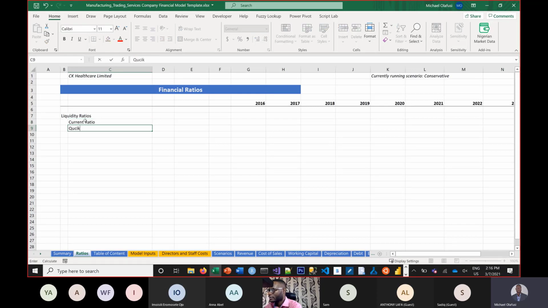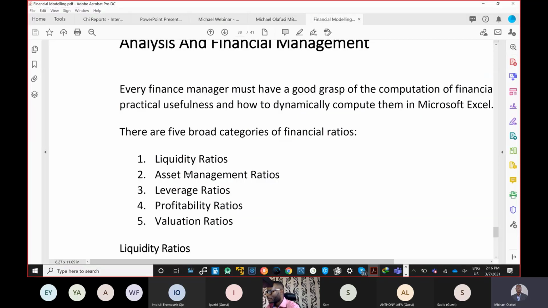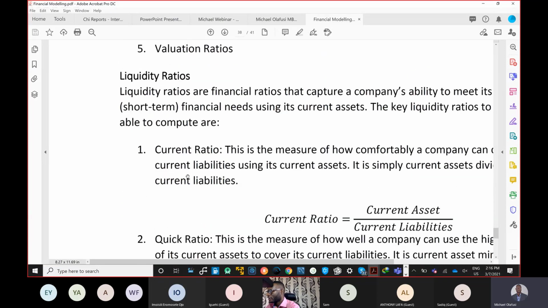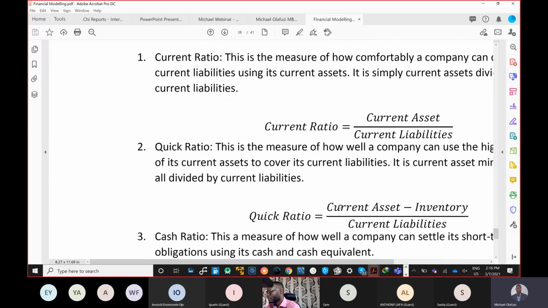there is the quick ratio, there is the cash ratio. The computations are straightforward. I can bring that back up for us to see. The current ratio is the current asset over current liability, right?